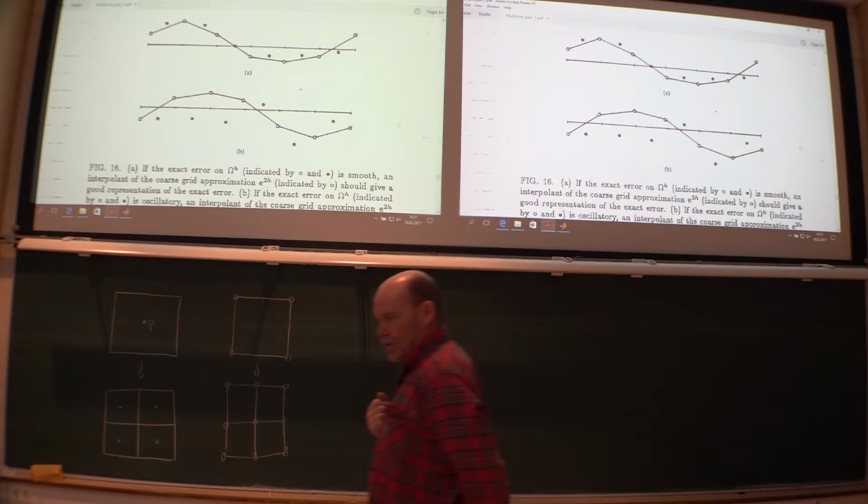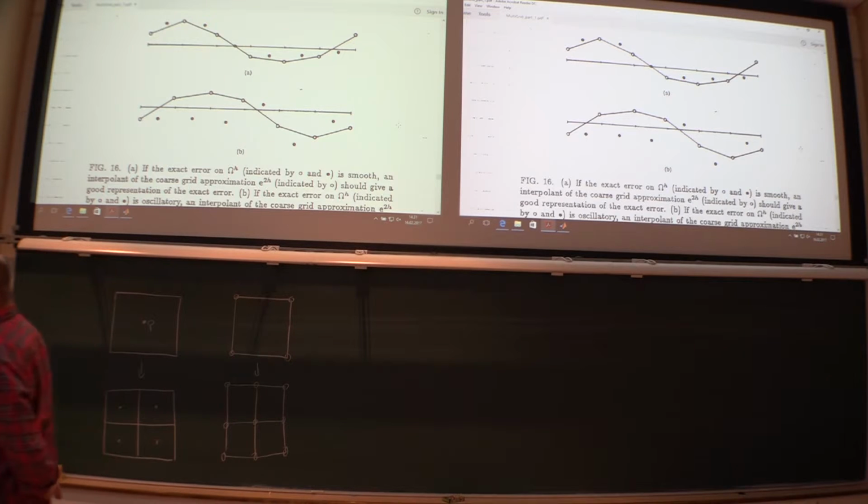And on the fine mesh, I now have a smooth, nice signal. So creating a coarse mesh representation of that signal A, not a problem. You see, taking just every other point will still mimic a nice sine wave, no problem.